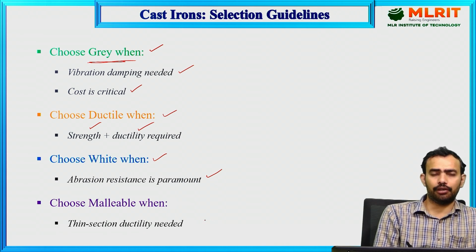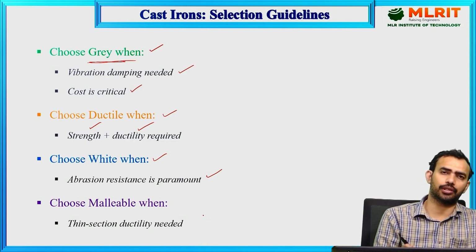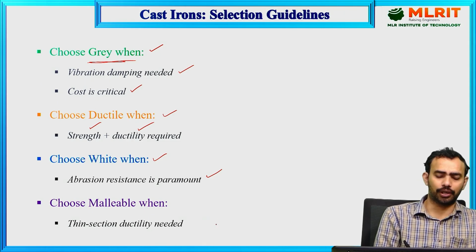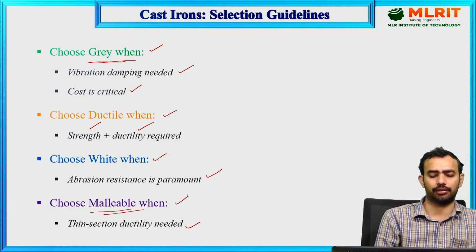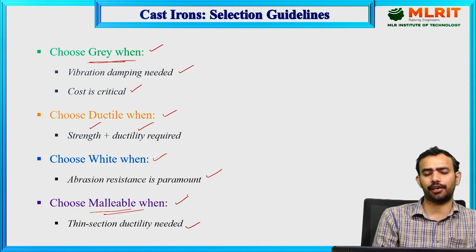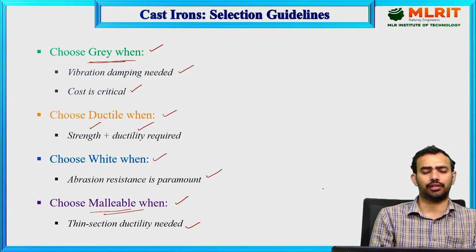If you want good ductility and strength balance in thin sections, then our go-to is malleable cast iron. These are some of the critical scenarios where you can choose the right cast iron.